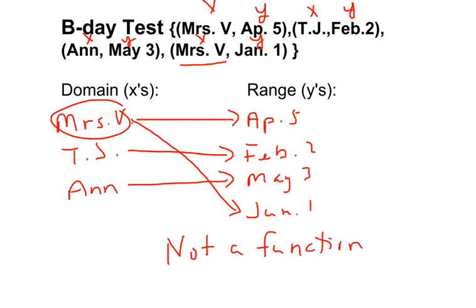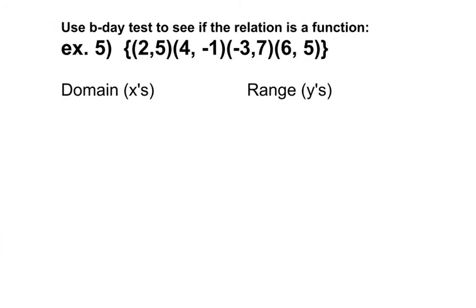Now let's use those ideas from the birthday test for just number lists, where you just have numbers in your ordered pairs. We're going to use the birthday test to see if this relation is a function. I'm going to label X and Y again. Now let's make our domain list.